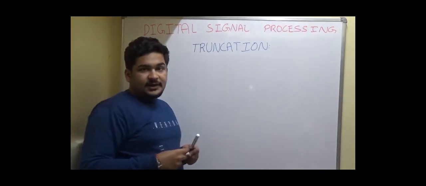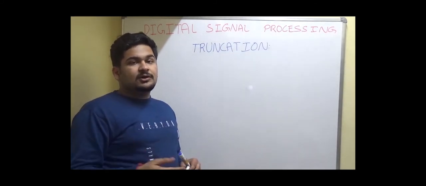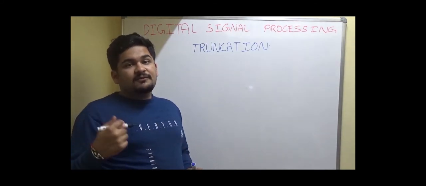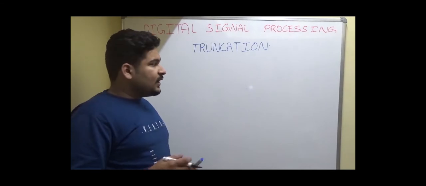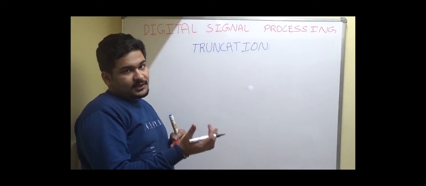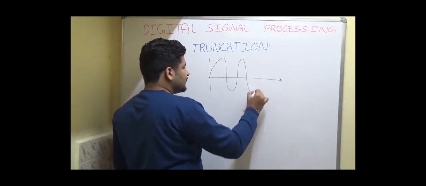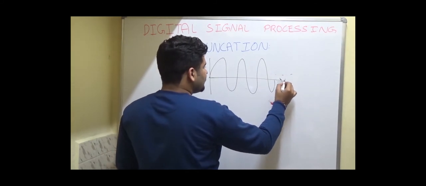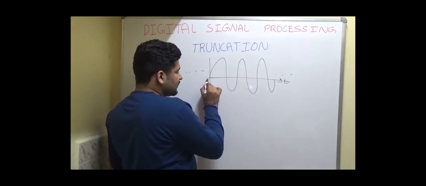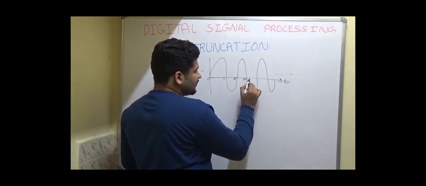In the case of truncation, the process involves converting a periodic signal to a finite non-periodic signal. As the name itself suggests, the term truncation means I am truncating a signal. Say, let us consider a sinusoidal signal which is defined from minus infinity to plus infinity. Now this is 0, this is pi, 2 pi, 3 pi, and so on.